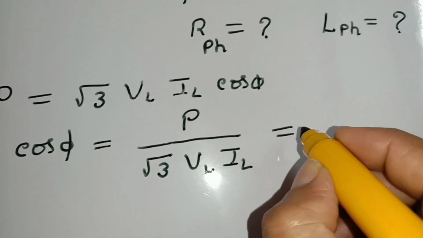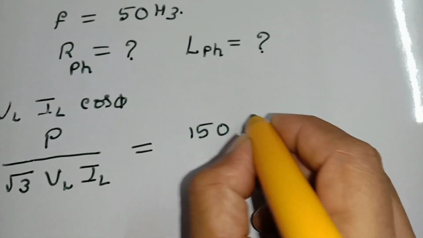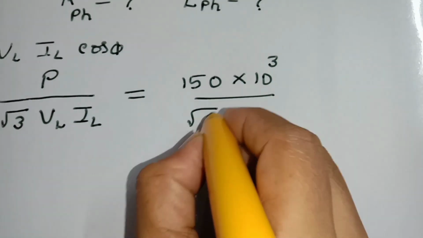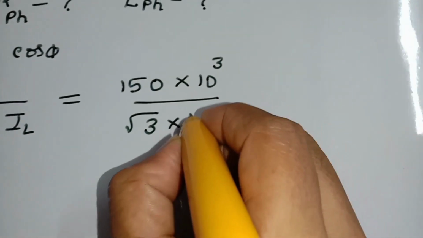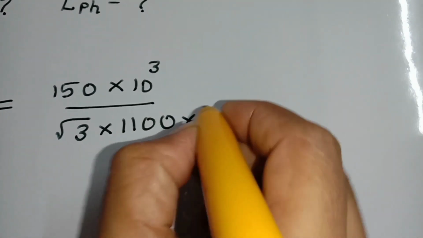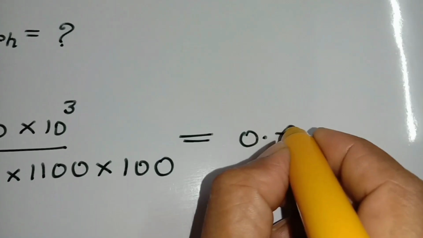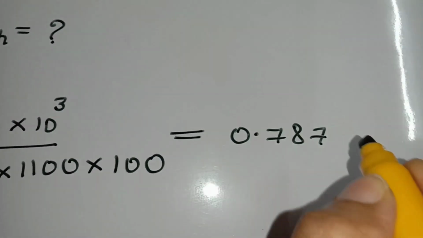Now substitute all. It is 150 kilowatt divided by root 3 into VL is 1100 volt into IL is 100 amps, which gives 0.787.